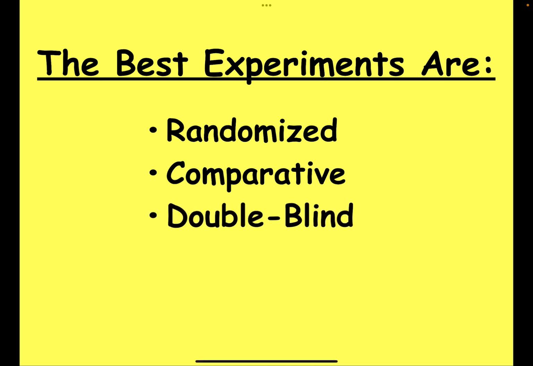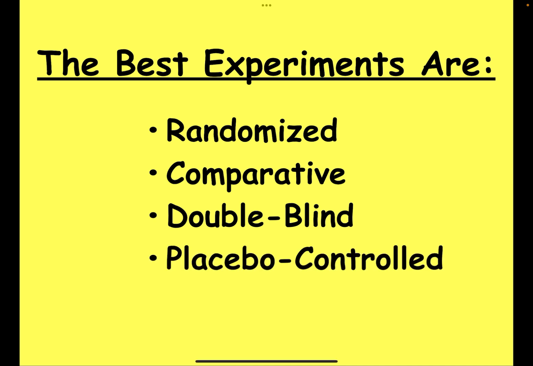The best ones are double-blinded so that there's no bias in the evaluation or the receiving of the treatment. And also there should be some sort of control group or some sort of placebo in the cases that are necessary for us to be able to compare results, so that the experimental units are not having an impact on the results themselves or on the response variables.